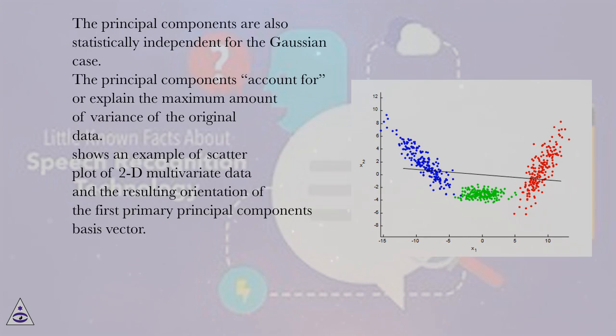The principal components are also statistically independent for the Gaussian case. The principal components account for, or explain, the maximum amount of variance of the original data. The figure shows an example scatter plot of 2D multivariate data and the resulting orientation of the first principal component basis vector.